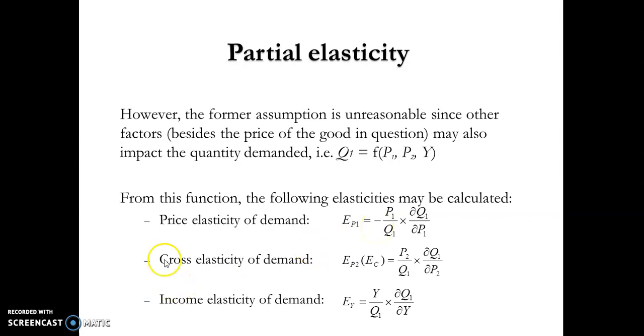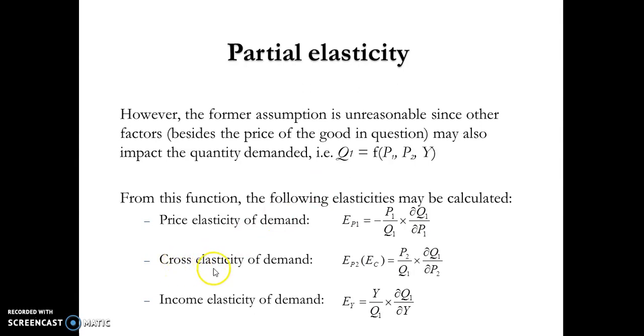Then we have our cross elasticity of demand, EP2 or E subscript C, and this tells us that we are going to look, in particular, at the price of related goods, because the quantity demanded now depends on the prices of related goods such as your complements and substitutes.